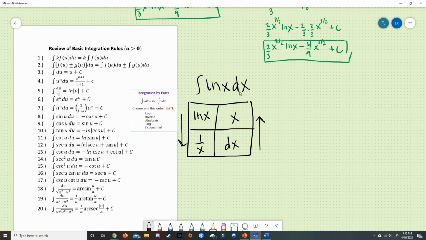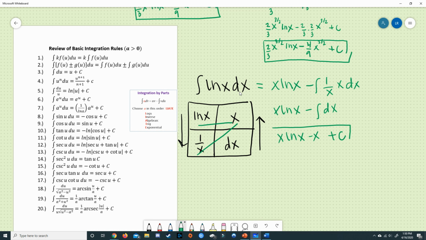Now, what this rule says is that the integral of ln of x dx equals x ln of x minus the integral of 1/x times x dx. Well, that becomes x ln of x minus the integral of dx, and the integral of dx is just x.